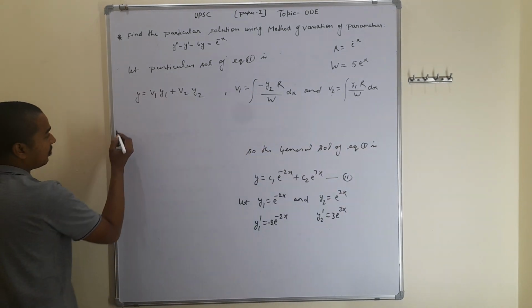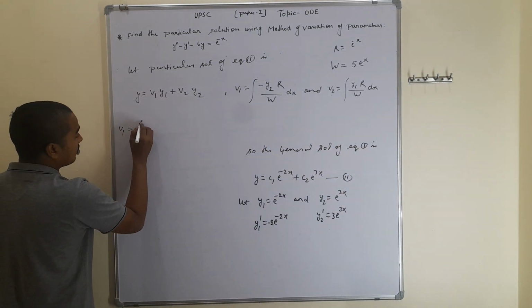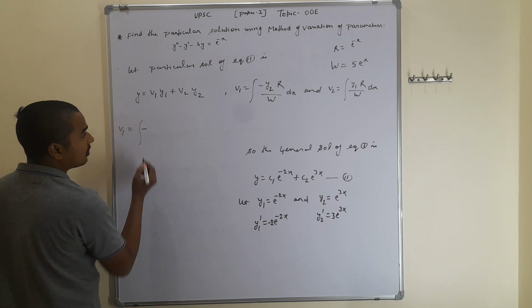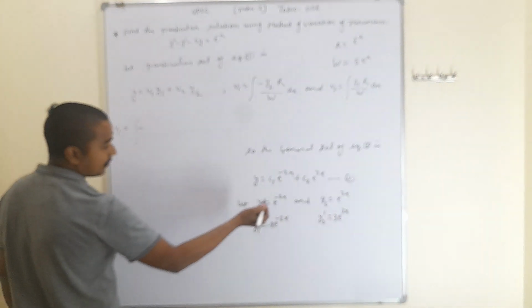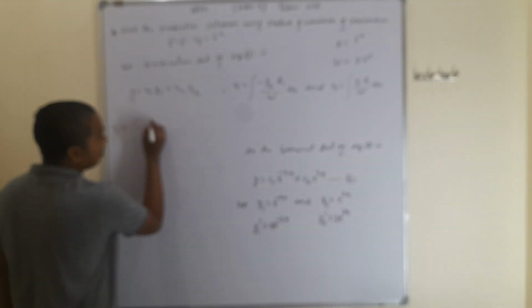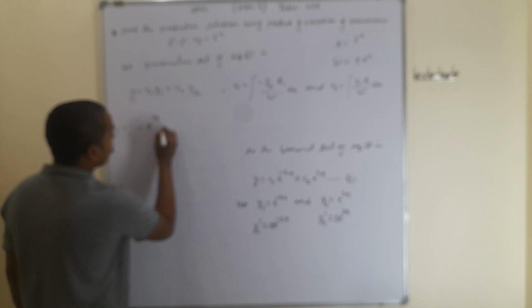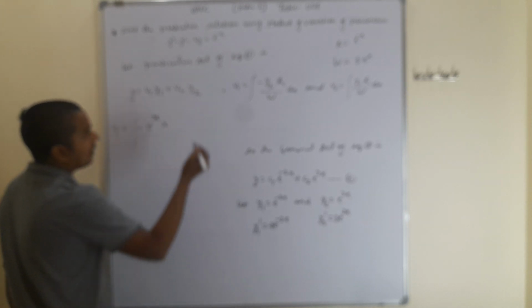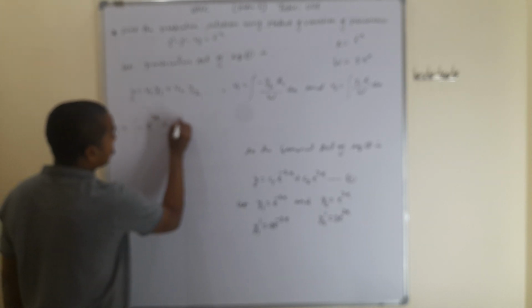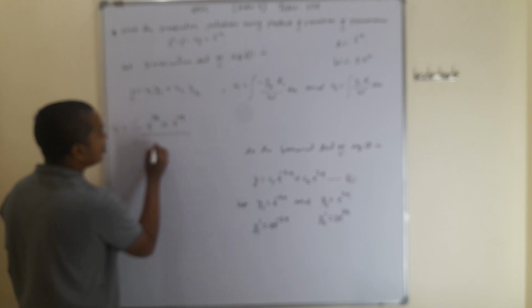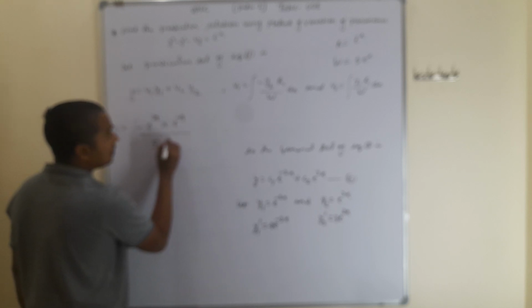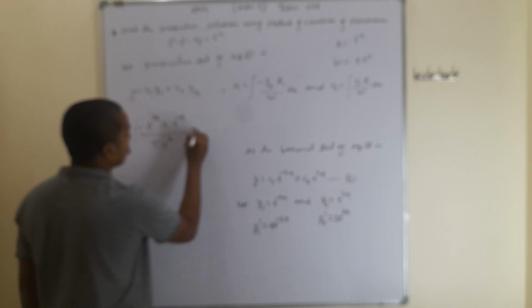We have to find v1, that is minus is already present, and y2 is e to the power 3x into r is given by e to the power minus x upon w is 5 e to the power x dx.